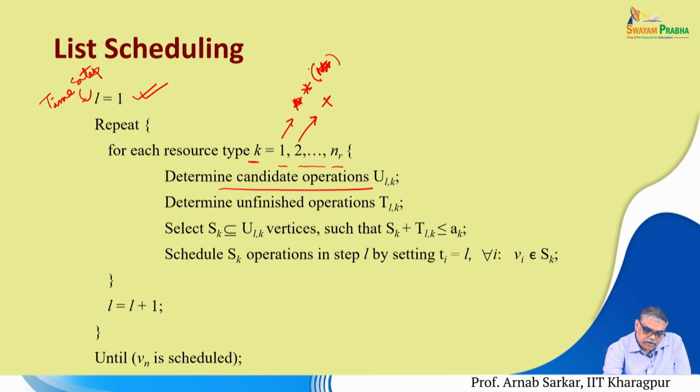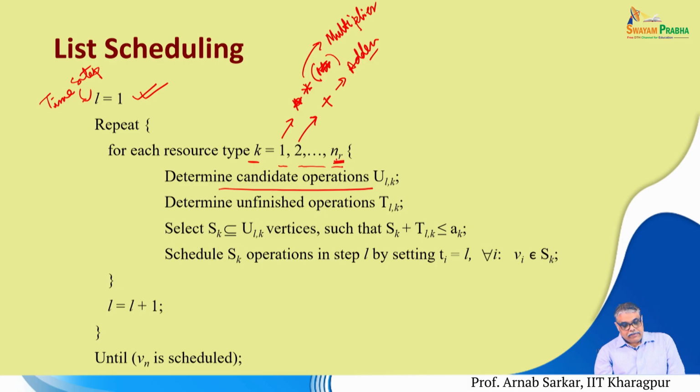Now, you determine candidate operations. This one represents a multiplier, this one is an adder, let us say. Similarly, for other types of resources, you have up to nr types of resources. For the kth type, you find out candidate operations which are ready, but still not scheduled.